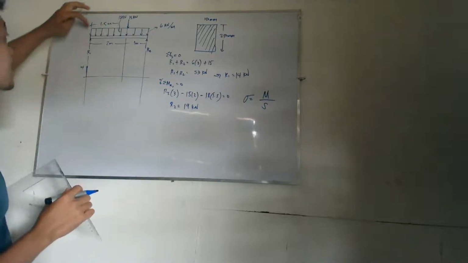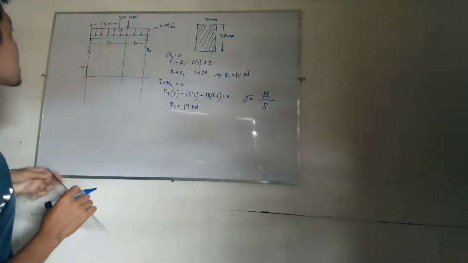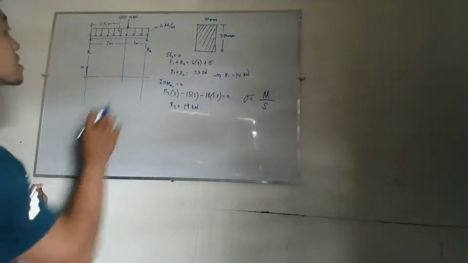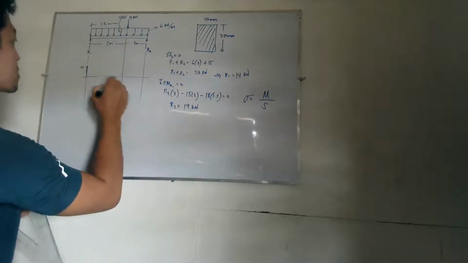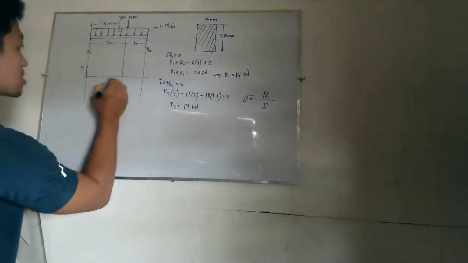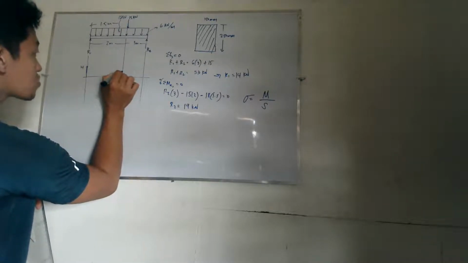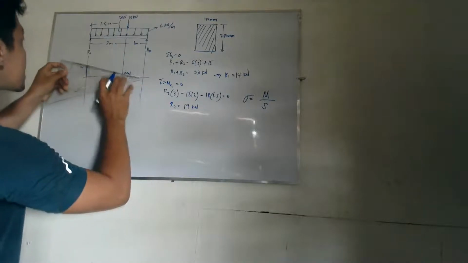And then kani taman diri is 6 times 2, 12. So munaog ka og 12 kay padawon man. So 14 minus 12, so diri taman 2 kilonewton.